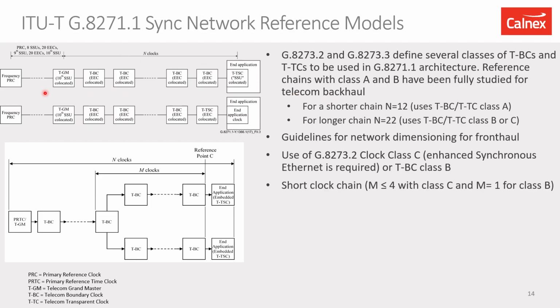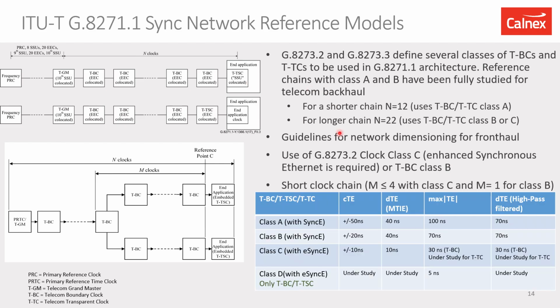You can see in these examples, for instance, that in order to meet 1.5 microseconds, a reference network of 20 or 10 clocks, depending on the characteristics of the clocks. You see there are different classes of clocks that have been defined with different performance objectives. For instance, class C with constant time error within 10 nanoseconds is particularly important in front-haul applications.